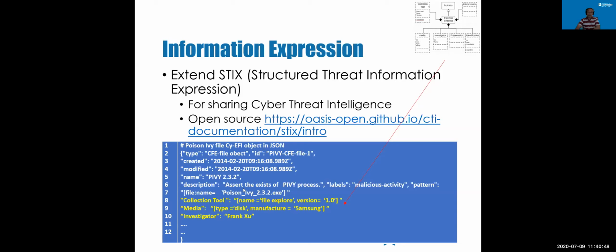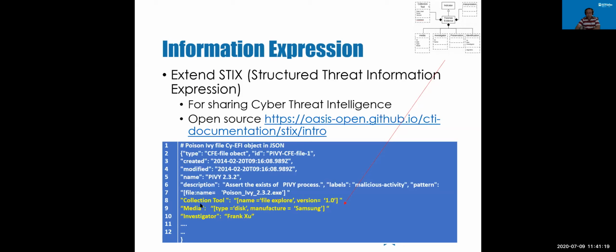This is one of the objects, and we formalized it in a JSON file. This is one type of cyber forensic evidence object. It describes one virus. So this has the created date, modified date, name, description, and also files.